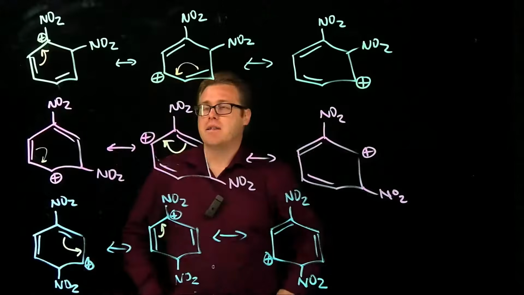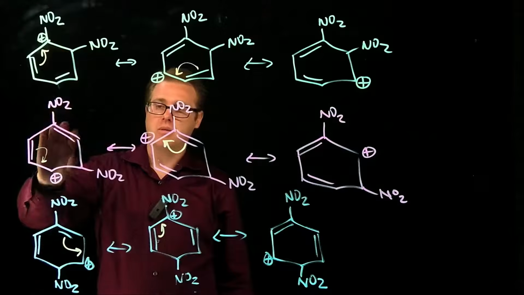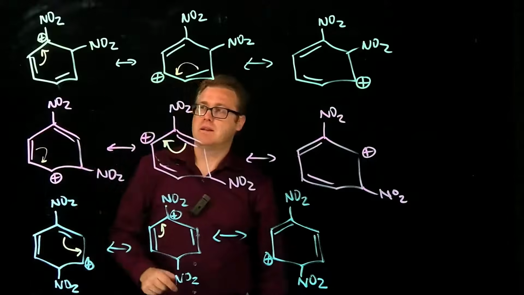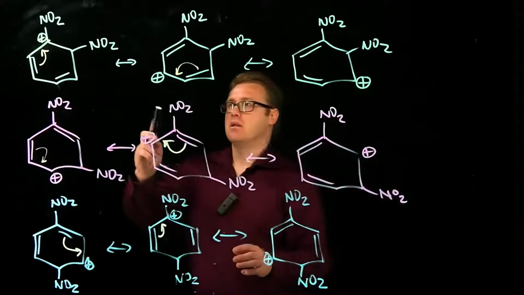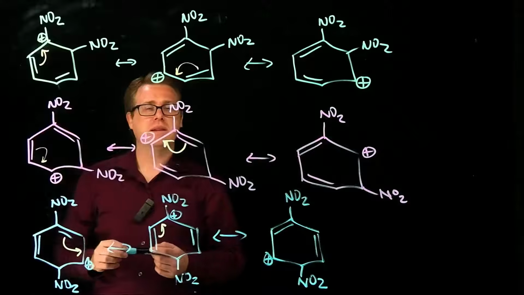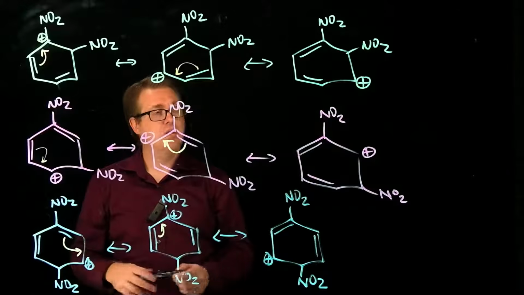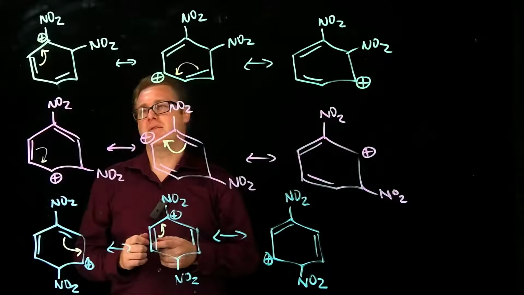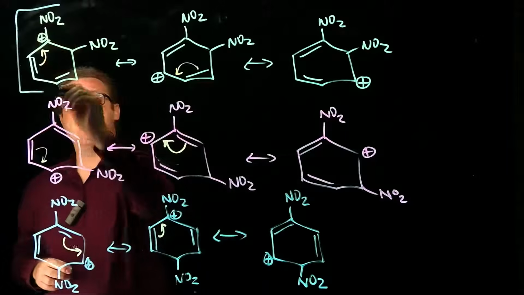Now when we look at the sigma complexes, when we have the ortho, meta, and para positions, we can take a look at our resonance structures. Instead of trying to find the most stable, super stable resonance structure, what we actually find is a very, very unstable one.